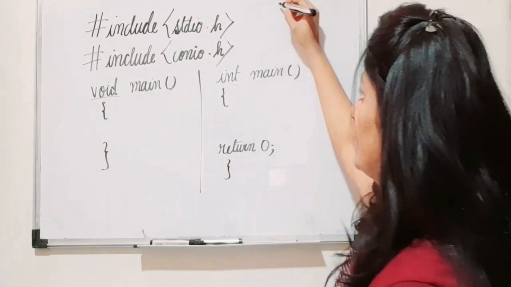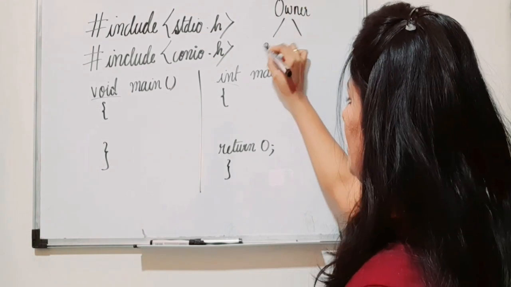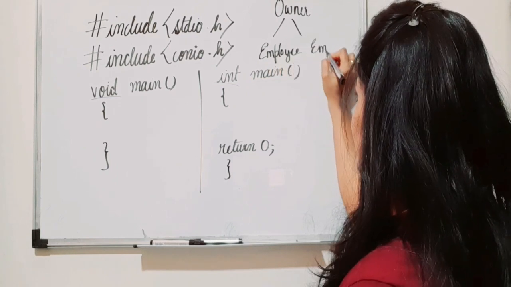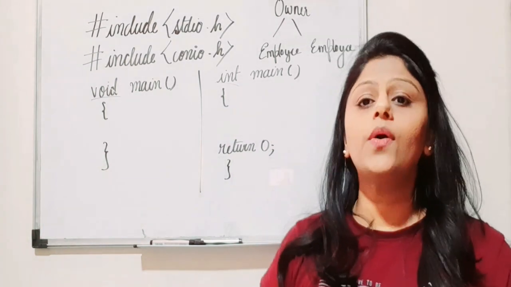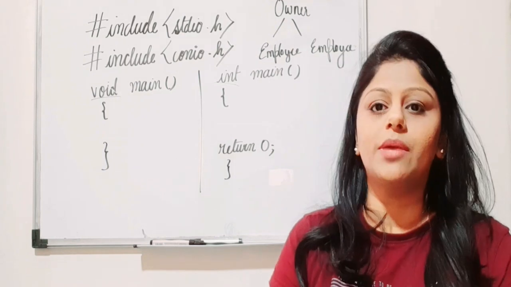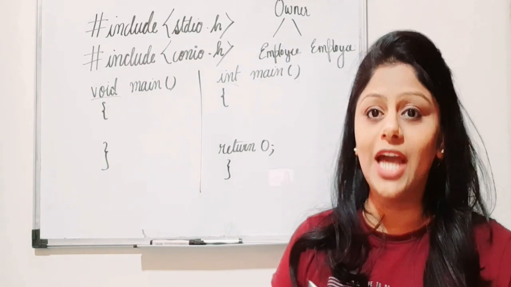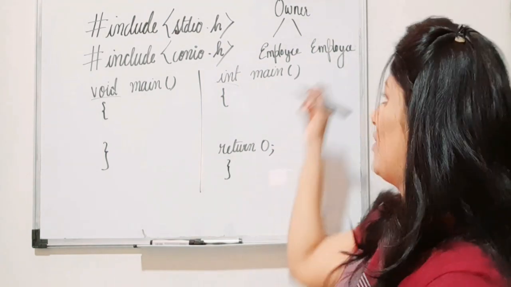That is, if a company has an owner and employees under him. If a project is given to an employee and the employee is implementing the project, then after he has done that, to whom does he have to submit everything?